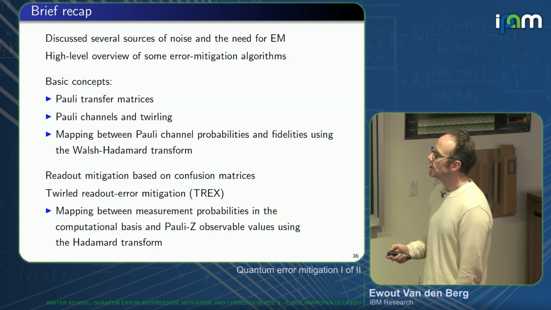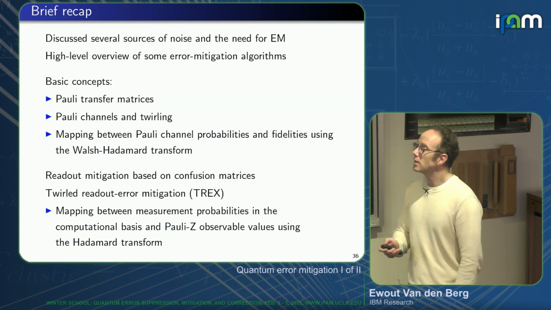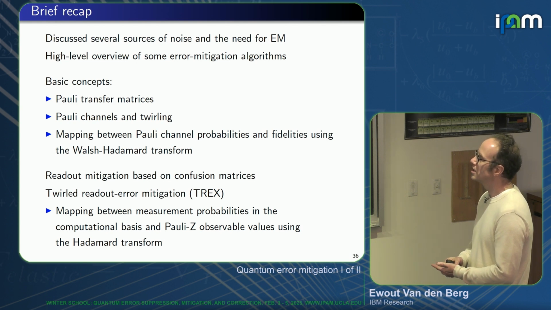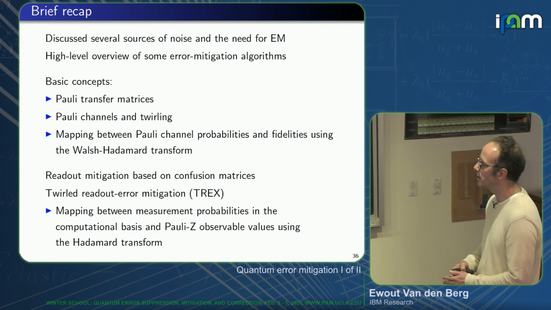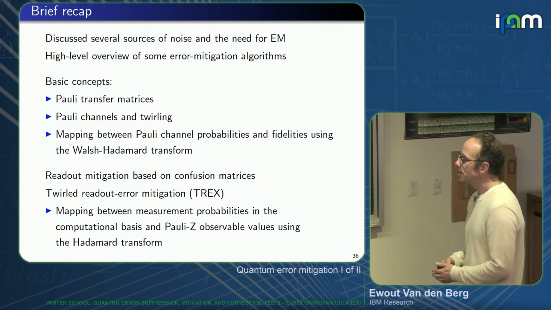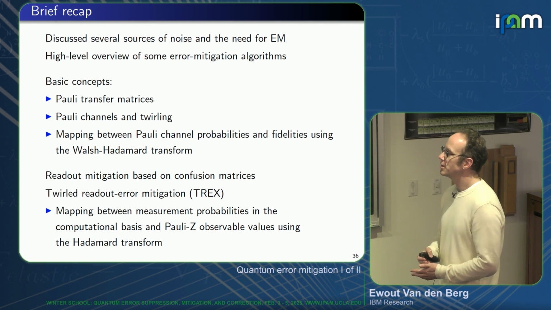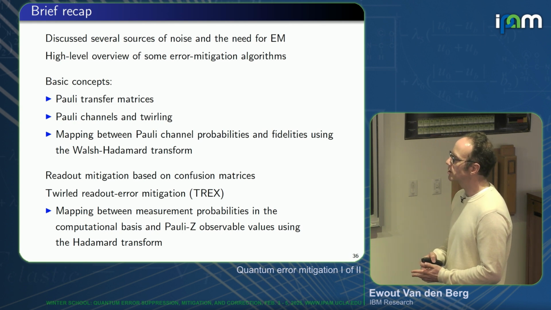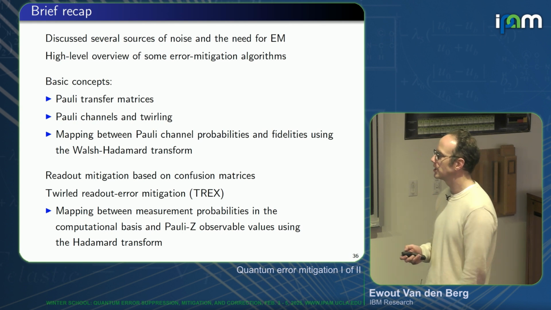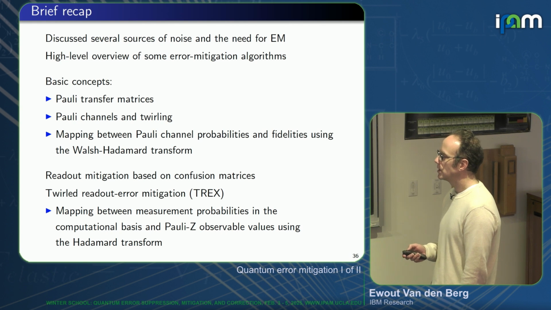So that's that. How are we doing? We discussed some sources of noise, the need for error mitigation, and presented a high-level overview of error mitigation algorithms. Some of the basic concepts are the Pauli transfer matrices, Pauli channels and twirling, and the mapping between Pauli channel probabilities and the fidelities with the Walsh-Hadamard transformation.